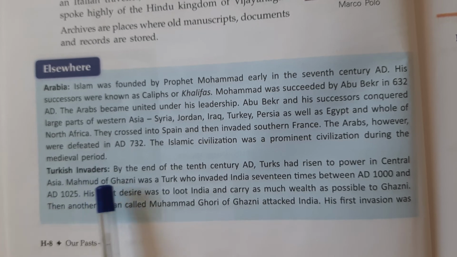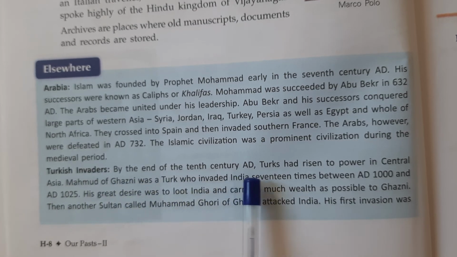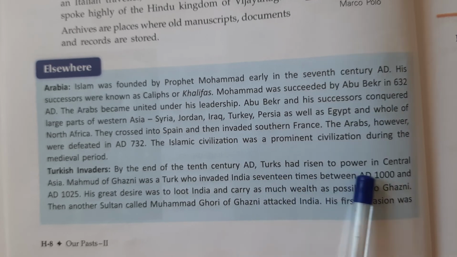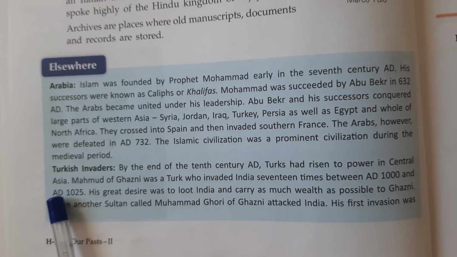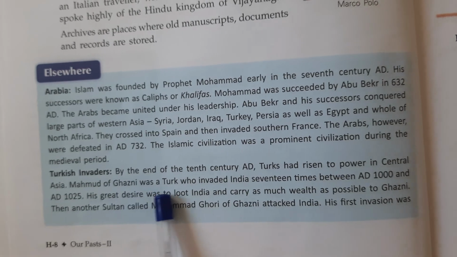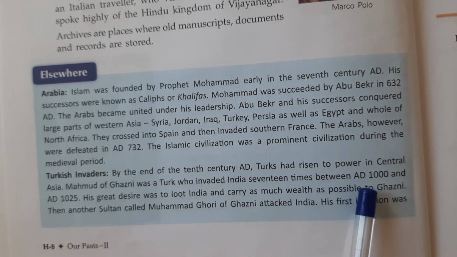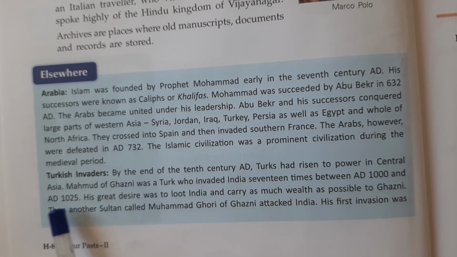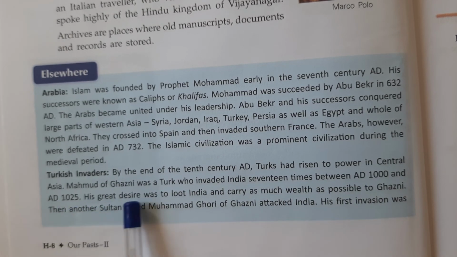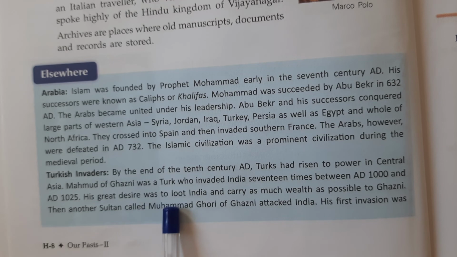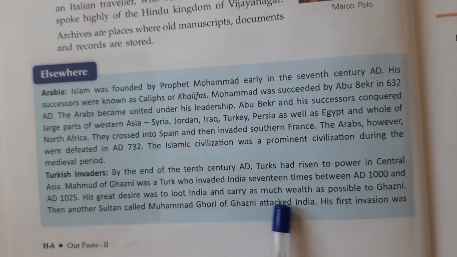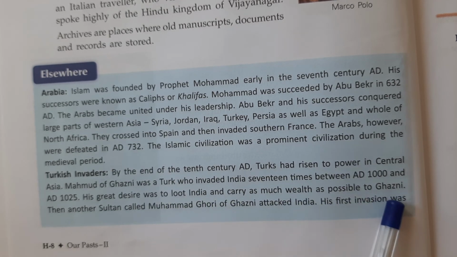Turkish invaders. By the end of the 10th century AD, Turks had risen to power in Central Asia. Mahmud of Ghazni was a Turk who invaded India 17 times between AD 1000 and AD 1025. His great desire was to loot India and carry as much wealth as possible to Ghazni.